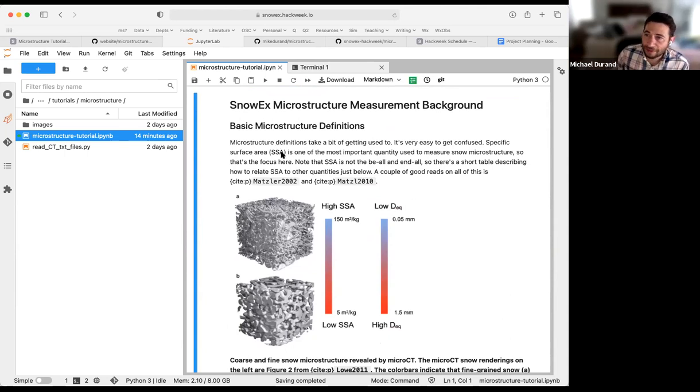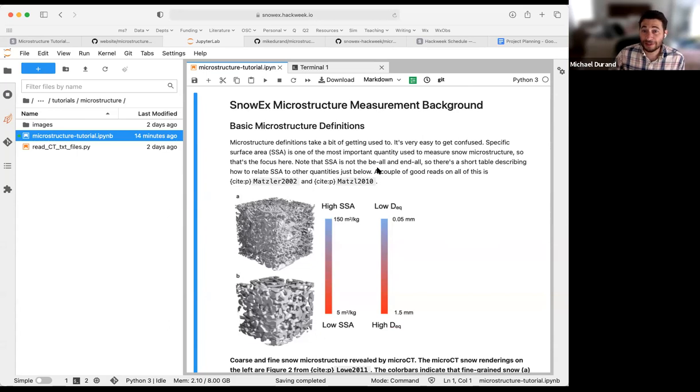So one of the quantities we talk a lot about in microstructure is specific surface area. Specific surface area, or SSA, is the acronym we'll use, is a very common quantity in a lot of materials to describe different kinds of material properties. It's not just specific to snow that we're interested in it, for example.